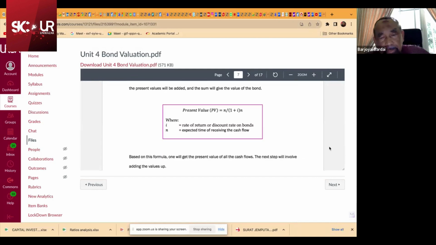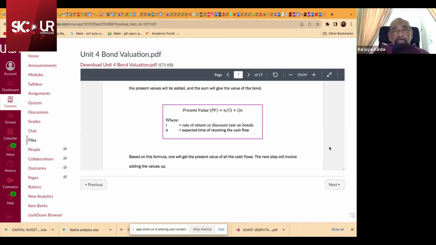So what we do is we take the face value that we expect to receive at the specific interval or at maturity, and divide that by the discount rate, 1 plus the cost of capital to the power of n.